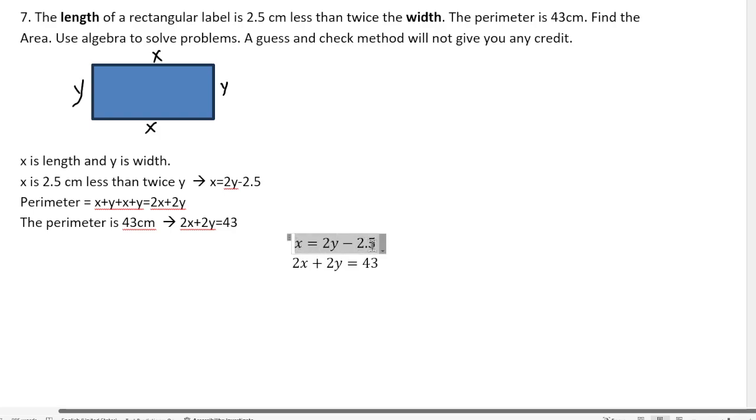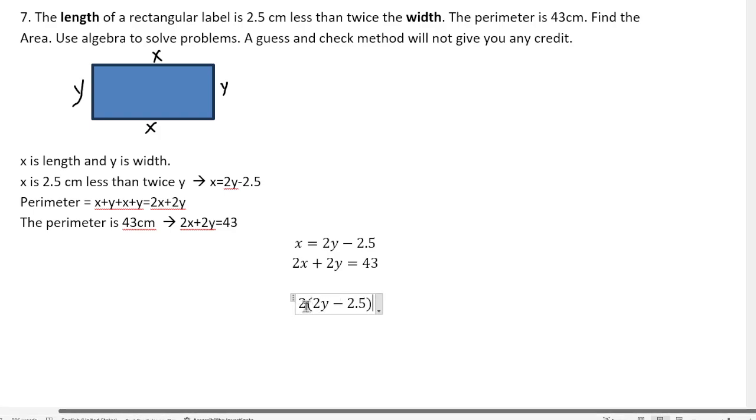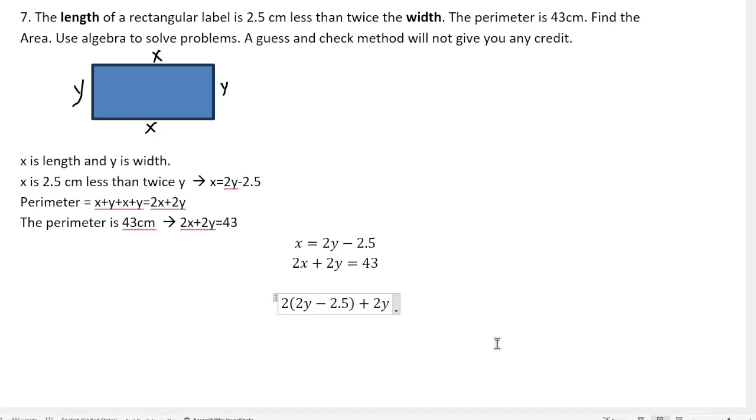This is already solved for x, so we can now take this and plug it into the next equation, right? So if I plug it in, it'll be 2 times 2y minus 2.5. This parenthesis is absolutely necessary because 2 is multiplied to the entire thing. Don't forget the parenthesis, okay? Plus 2y equals 43.